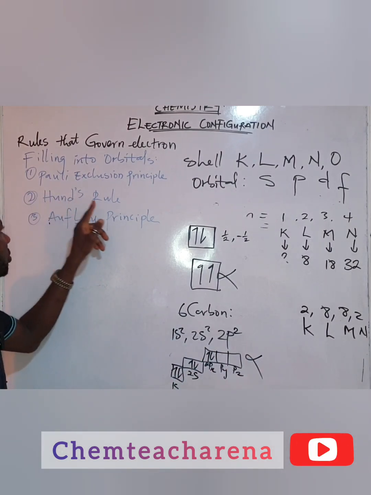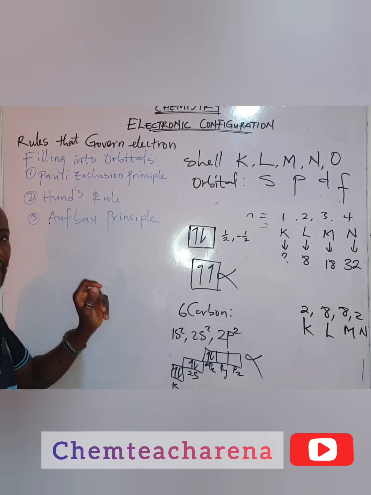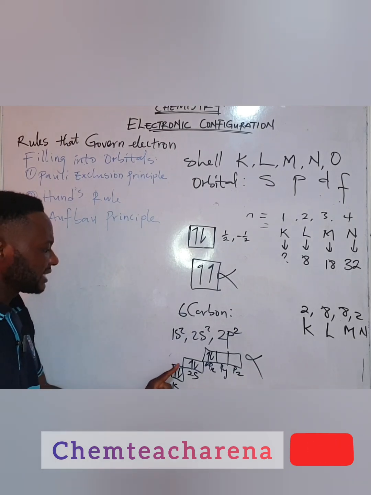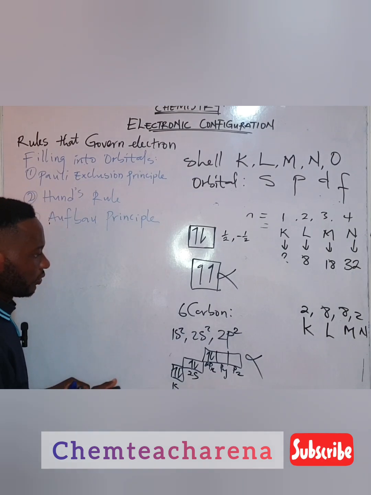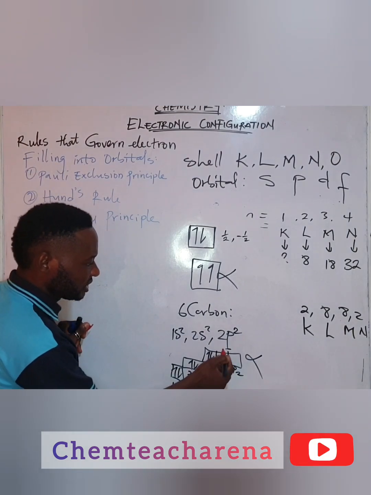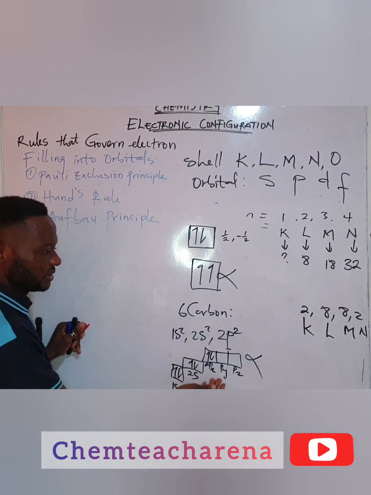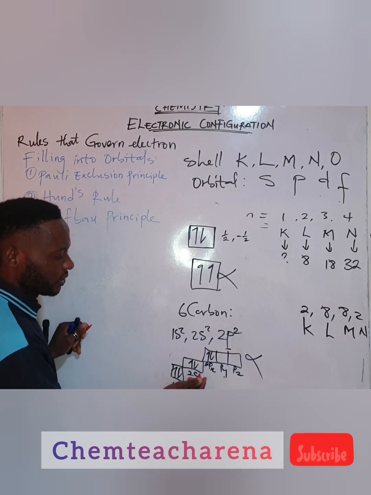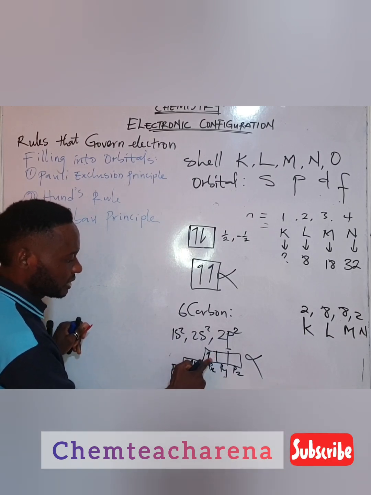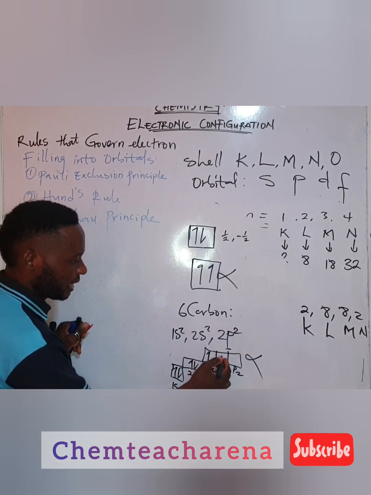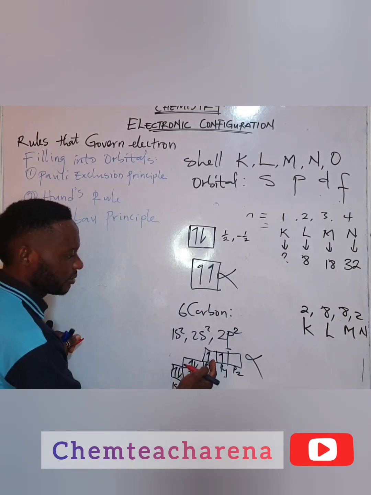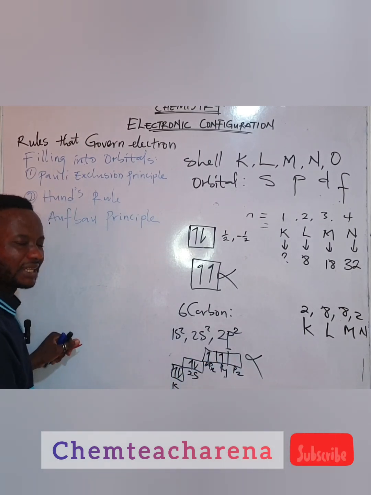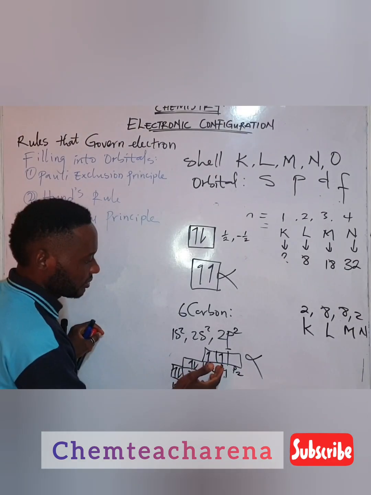Because according to Hund's rule, electrons are filled singly before pairing takes place. So, for this degenerate orbital here, I'm supposed to fill it like this: 2px and 2py singly before pairing. Is that clear now? Fill singly before pairing.